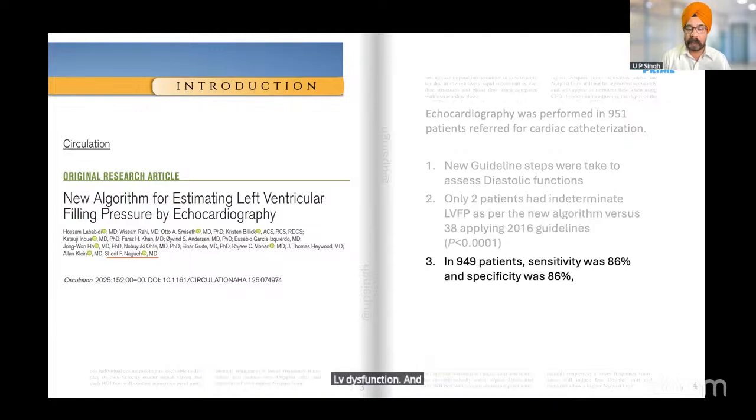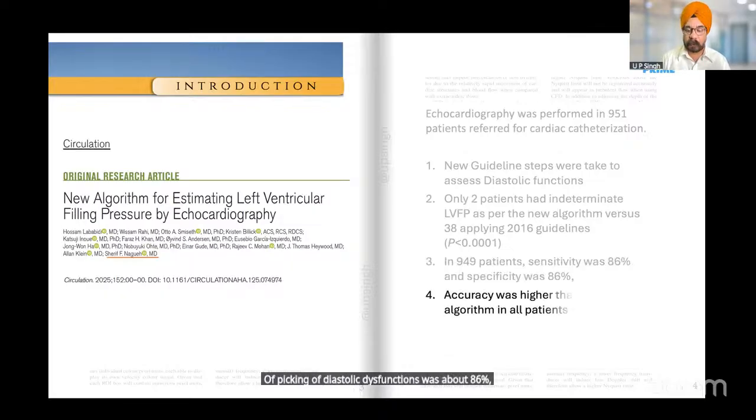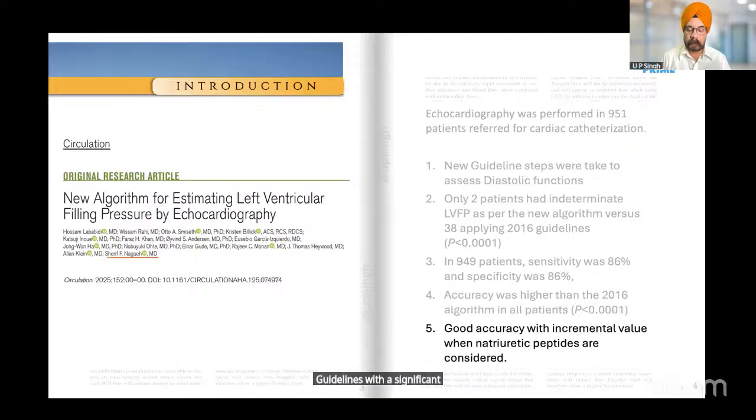And in the rest, 949 patients, the sensitivity of picking up diastolic dysfunction was about 86%, and specificity was also the same. I'll show you the chart on the subsequent slide. It was seen that this is far more accurate than the 2016 guidelines, with a significant p value.